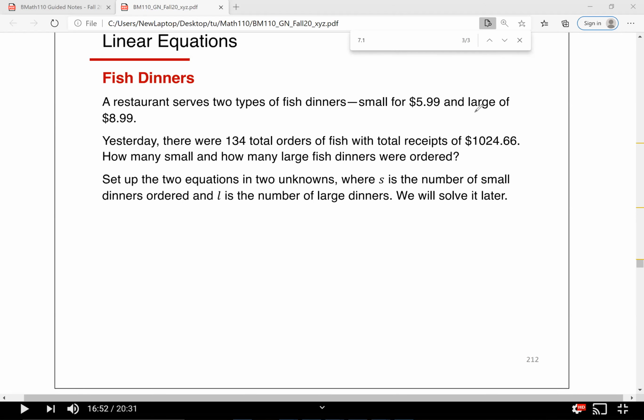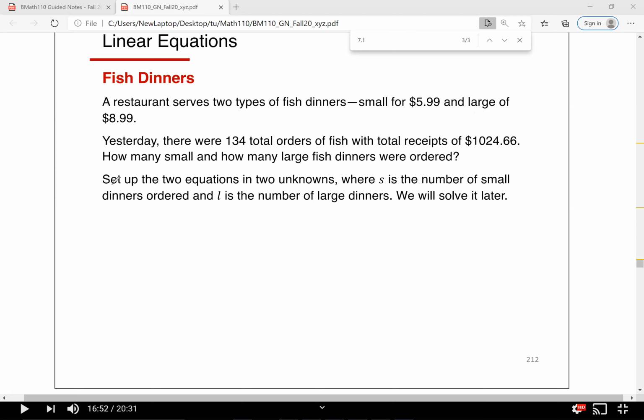Yesterday there were 134 total orders of fish. We total received $1,024.66. So how many small and how many large fish dinners were ordered?